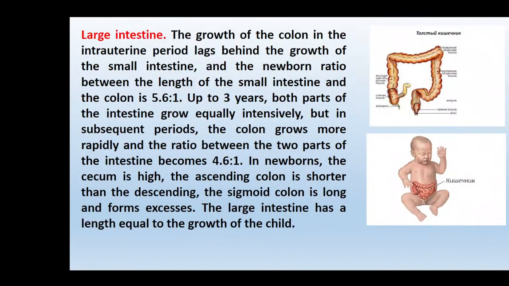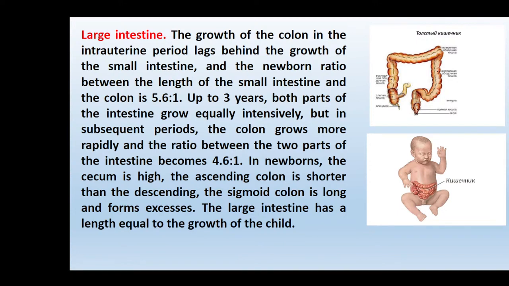Large intestines. The colon in uterine periods began growing after the small intestines, and the newborn's ratio between the length of small intestines and large intestines is 5.5 to 1.